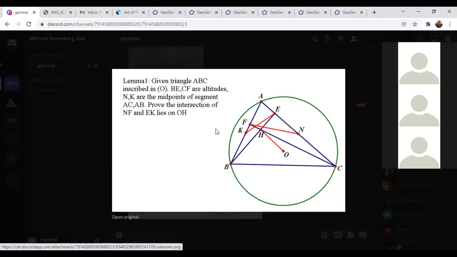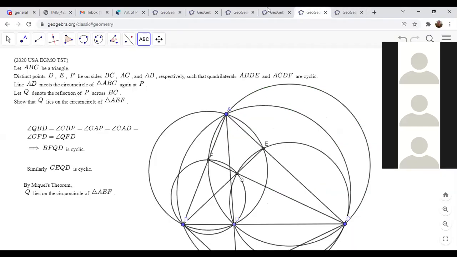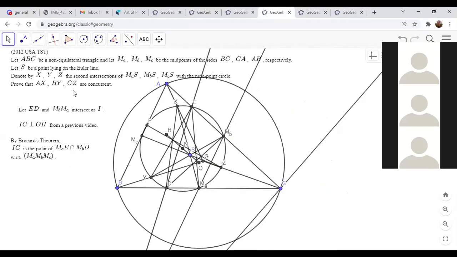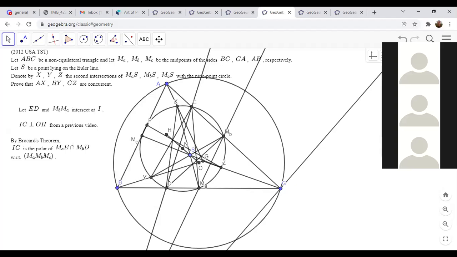So let's see. I just want to see if I can paste pictures. I think there's a way to do it. I'm not using GeoGebra though. I'm using another one. No, it's all right.